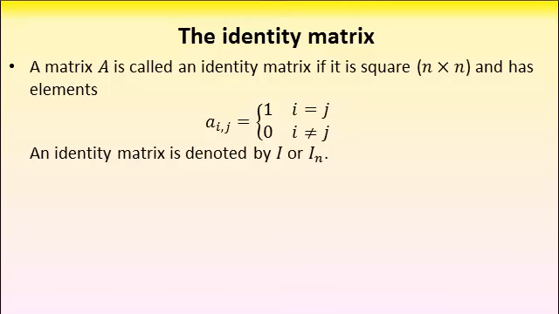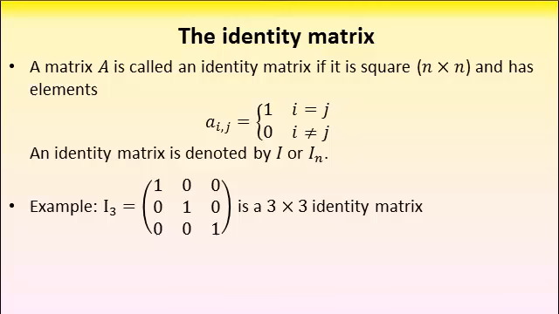So here is an example of I_3, the 3 by 3 identity matrix. As you can see, all the off-diagonal elements are 0 and all the diagonal elements are 1. Also make sure that the conditional definition given for a_ij above will give us the same result as I_3 displayed.